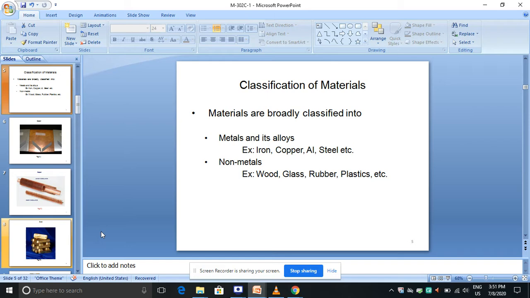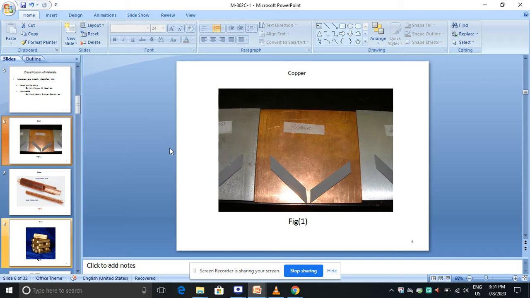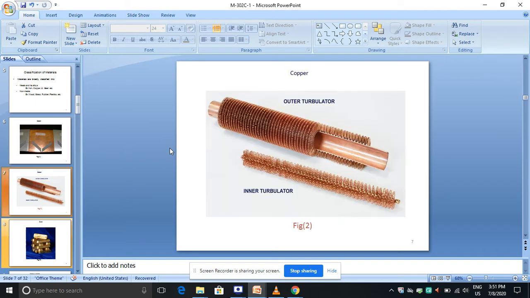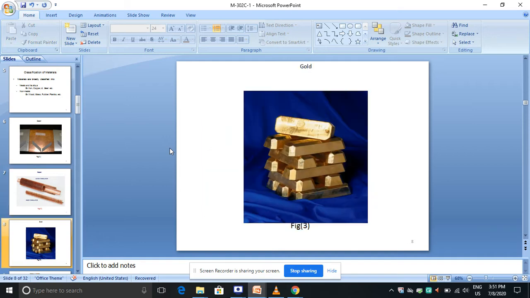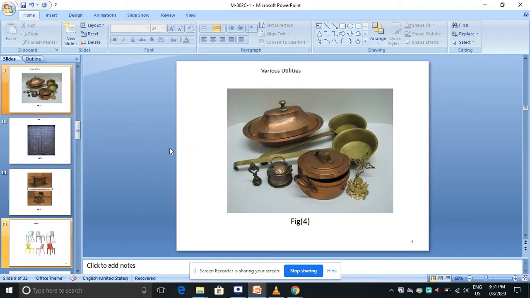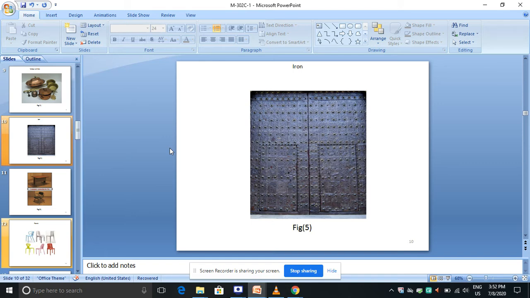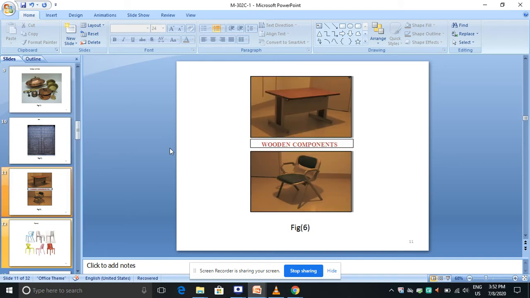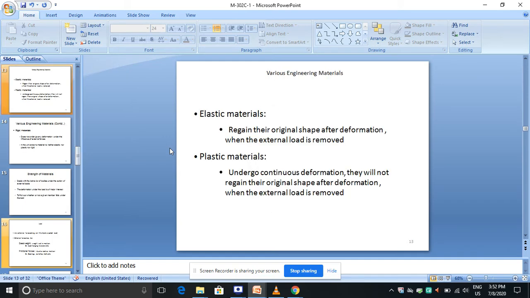First, metals and their alloys. Examples: iron, copper, aluminum, steel, etc. And the second one is non-metals, that means wood, glass, rubber, plastics, etc. Here I am showing some examples: copper doors and copper tubes, gold, cooking utensils made of copper, and bronze making. Next, also iron doors, wood components, plastics.